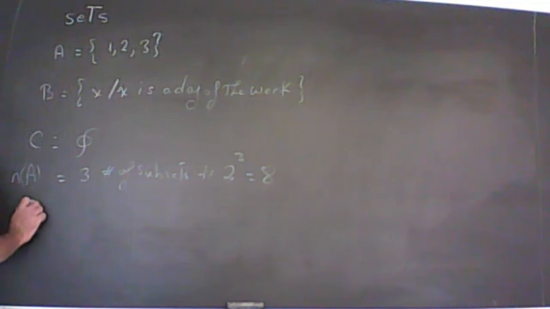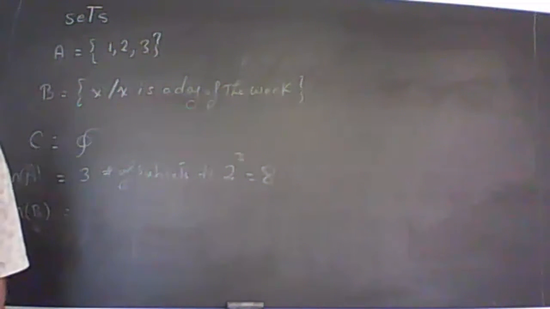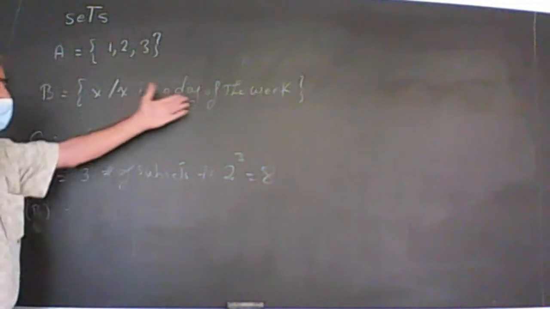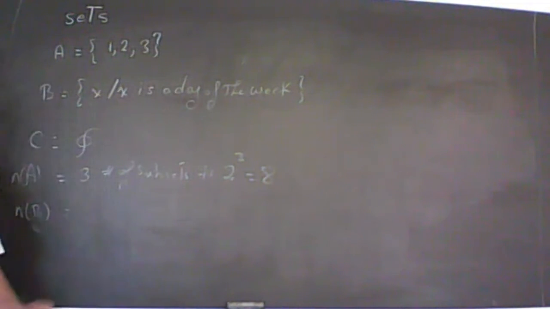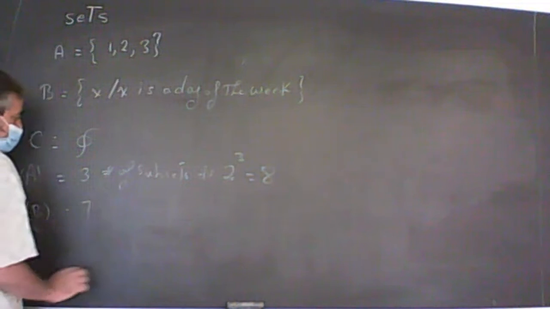And now let's take a look at B. How many elements do we have in B? We're looking at the days of the week. There are 7 days in a week, right? So the number of elements in B is 7.